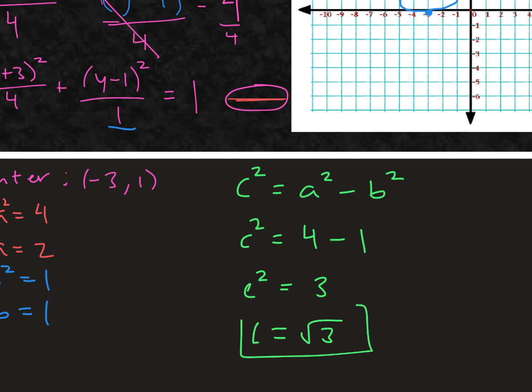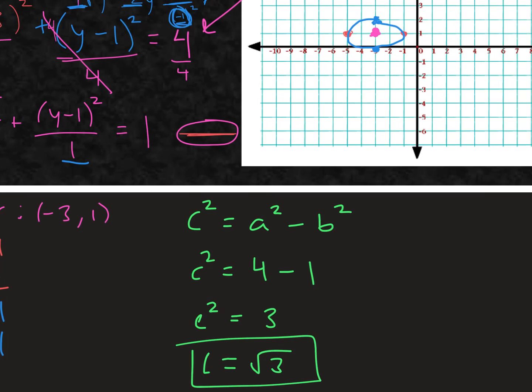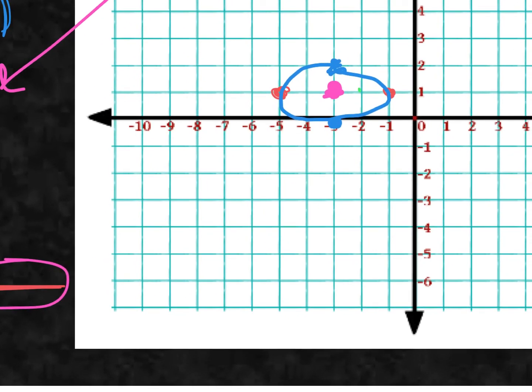Remember, c is the distance from the center to the foci. So from my center to my foci, I'm going square root 3, which is like in between 1 and 2-ish. So kind of over here. But again, for your test, you're not going to have to graph.